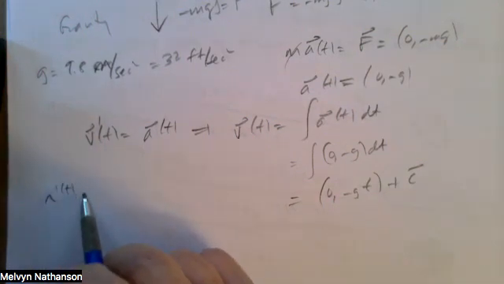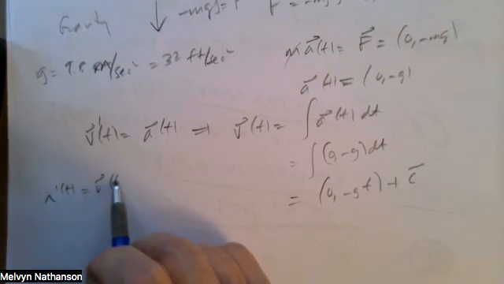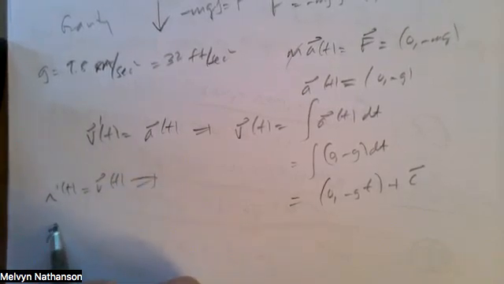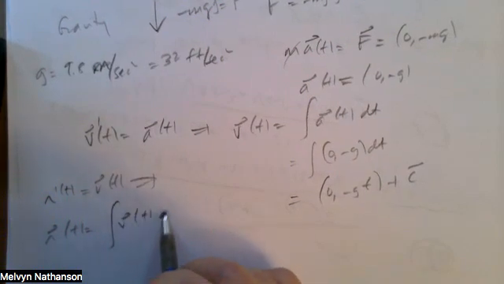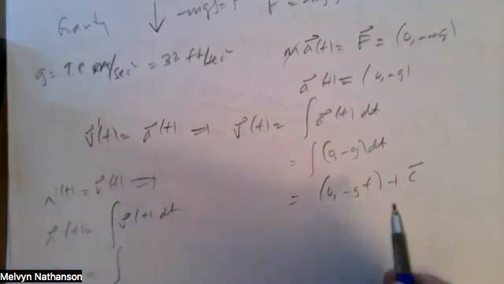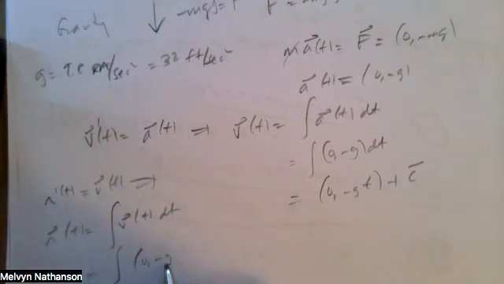And the derivative of the position is the velocity. So the position is the integral of the velocity, which is the integral of 0 minus gt dt.